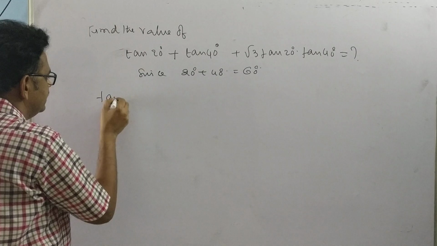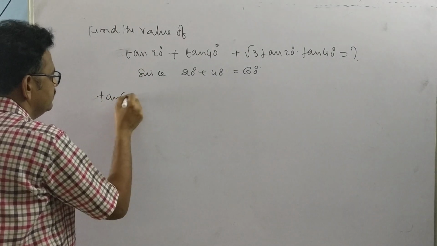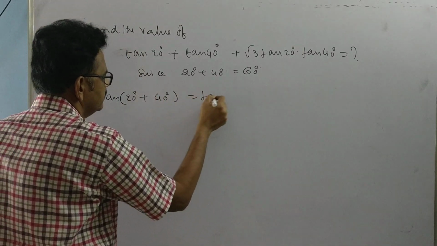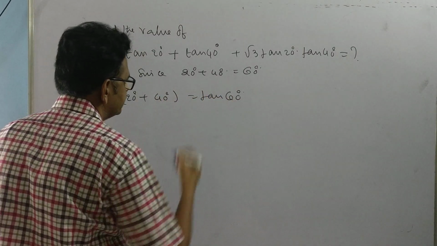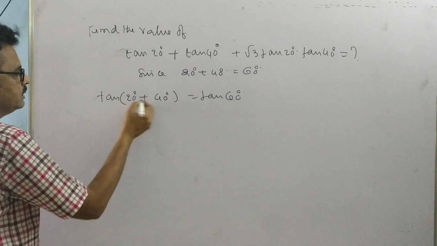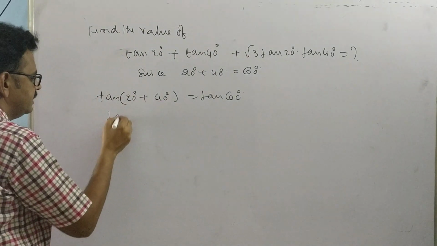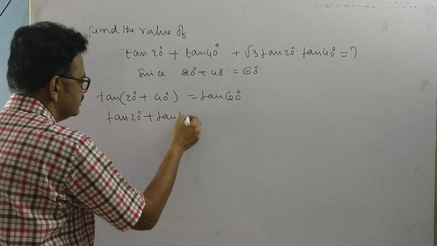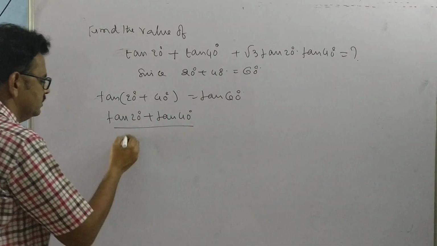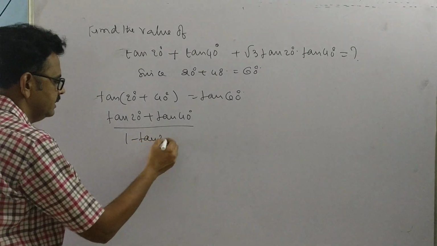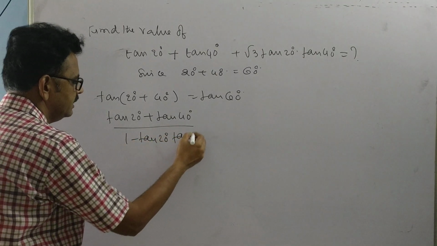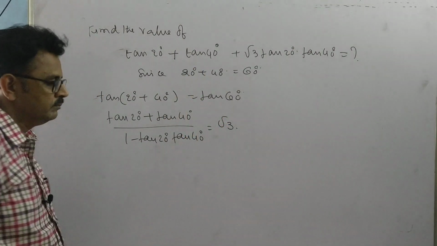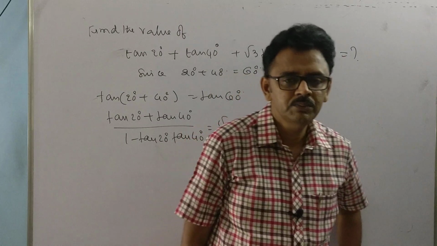Now this is the tan of 20 degrees plus 40 degrees is equal to tan 60 degrees. Okay, now this is tan of A plus B form. Tan A plus tan B by 1 minus tan A into tan B is the tan 60 value root 3. Applying tan of A plus B form.